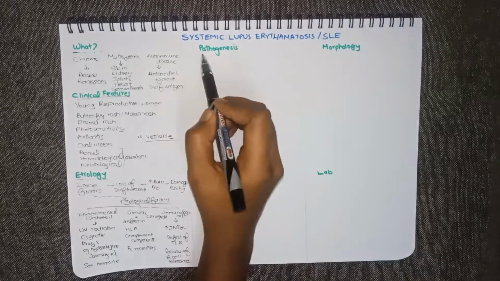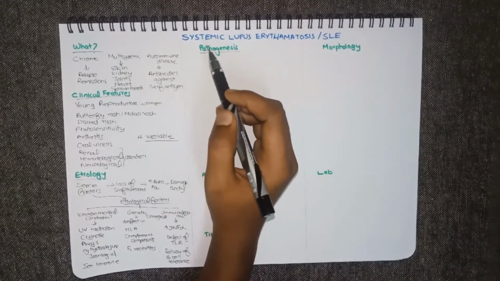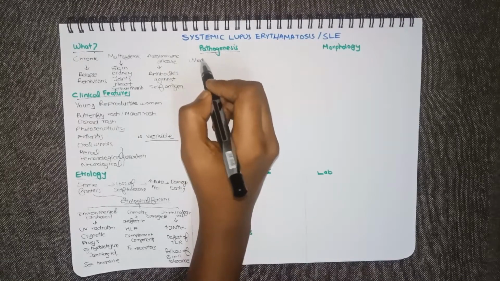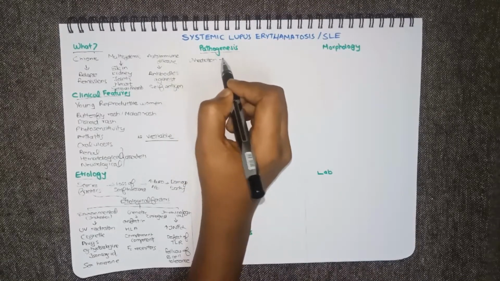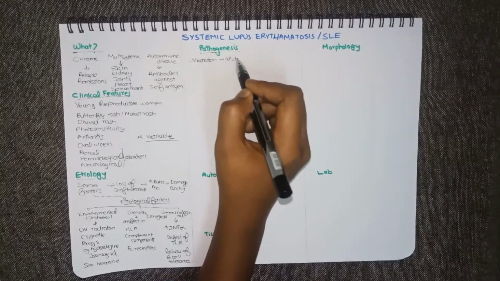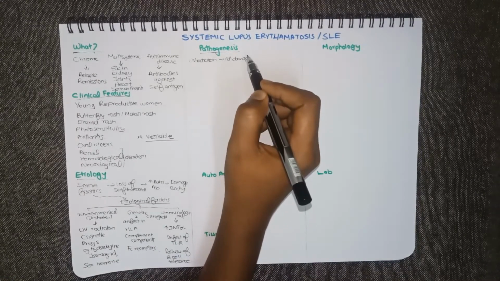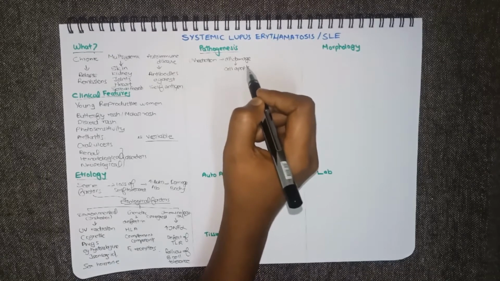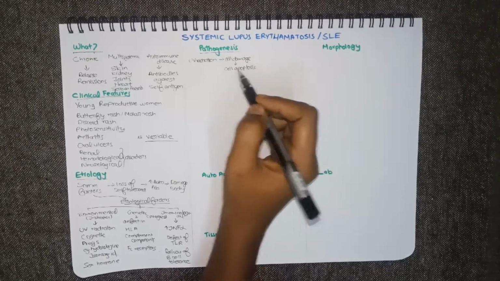Now moving on to pathogenesis or mechanism. For this, we can take the example of UV radiation. We know that it can damage our cells. Now what happens to the damaged cells? They undergo a process known as apoptosis. It's basically a suicidal program.